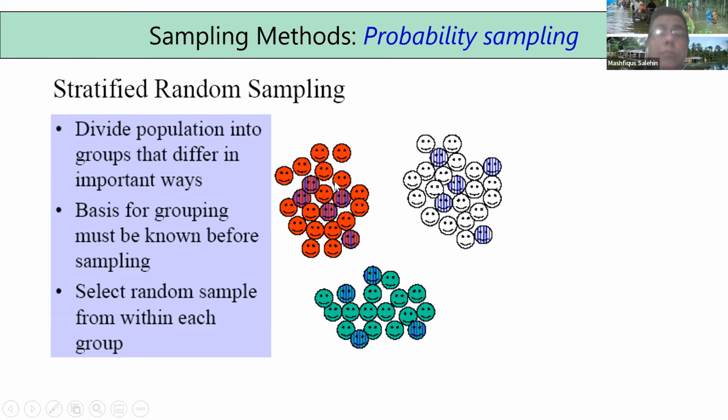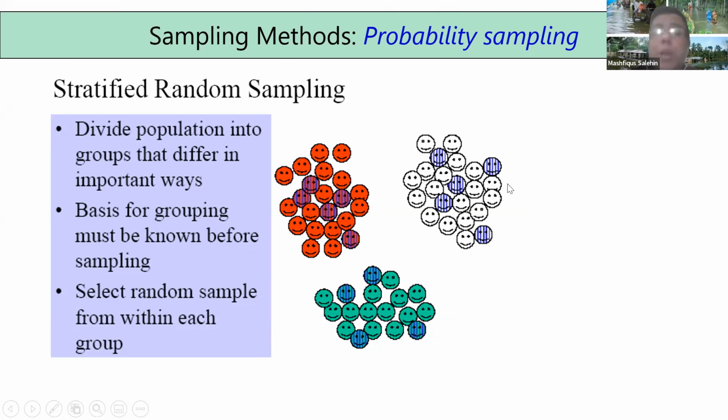So this stratification can be based on, again, your gender or sex, like male or female, religion, education level, place of residence, or different livelihood groups, for example, farmers, fishermen, and wage laborers, basically landless people.